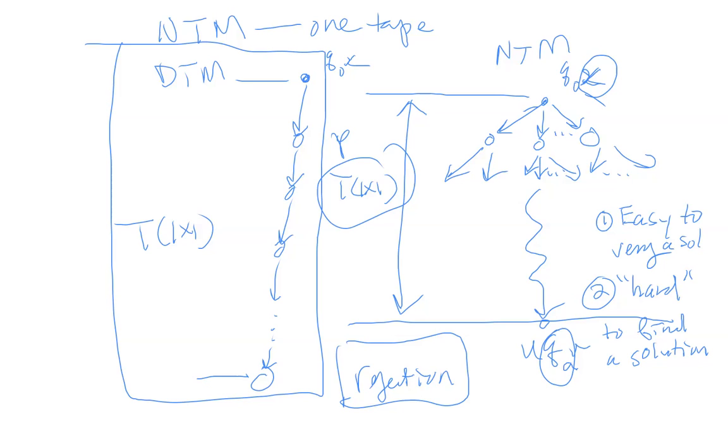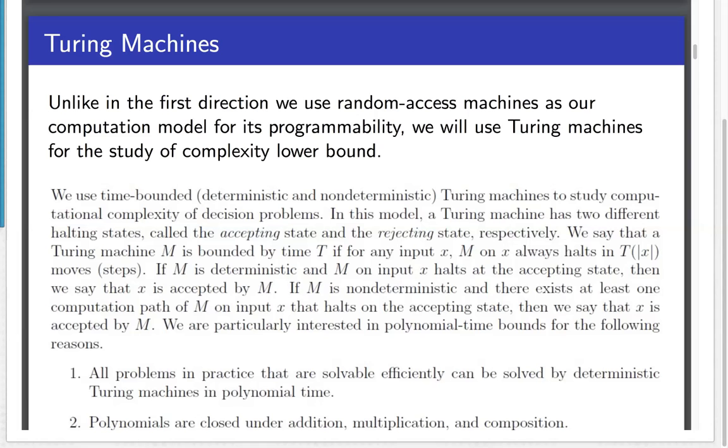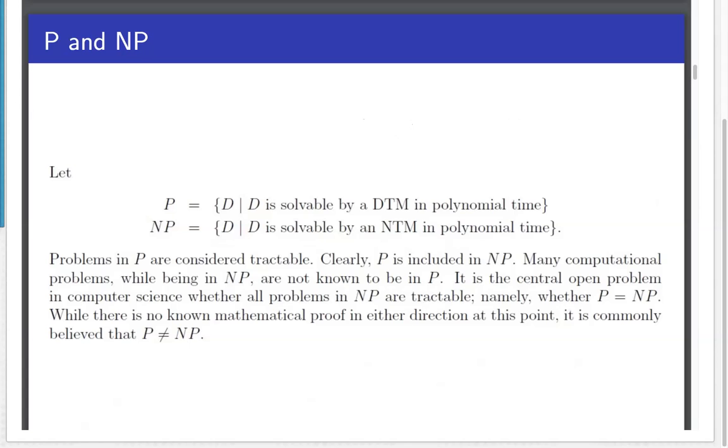Let's go back to this slide. Now let's define two important classes. These are decision problems. So what are decision problems? A decision problem means you have a set of instances.